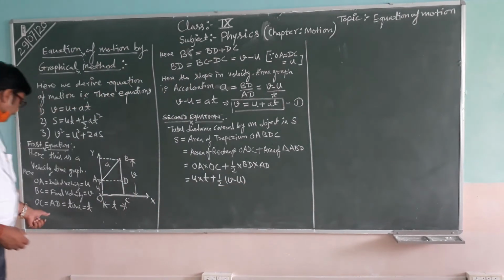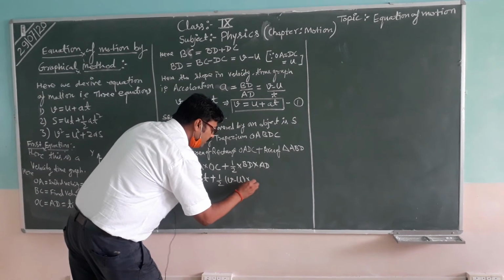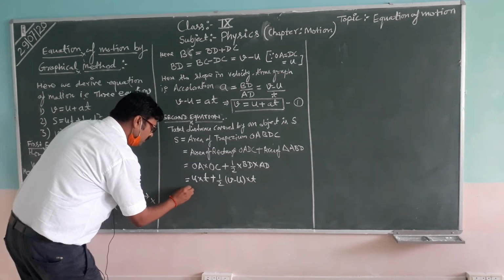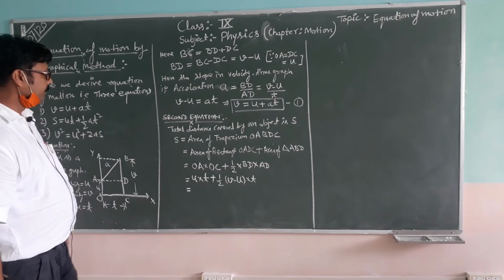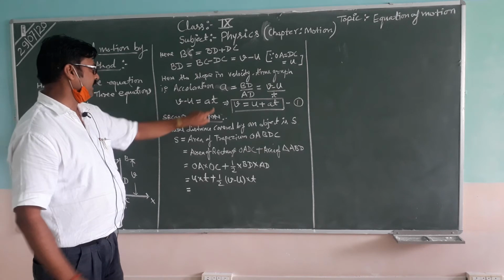AD and OC are both the same, and that is time T. And here V minus U is equal to AT.